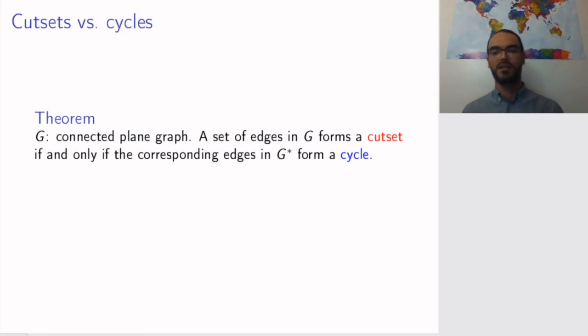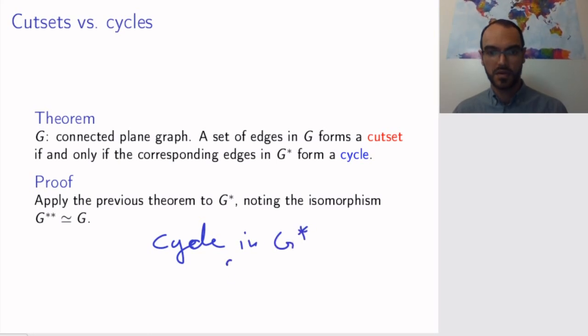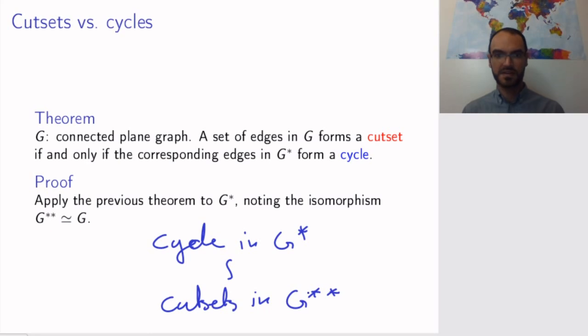Why is that? The proof is shorter than the previous proof and relies on it. So we can apply the previous theorem to G star. So it says that cycles in G star correspond to cutsets in G star star, right? The previous theorem says that cycles in any graph G correspond to cutsets in its dual.